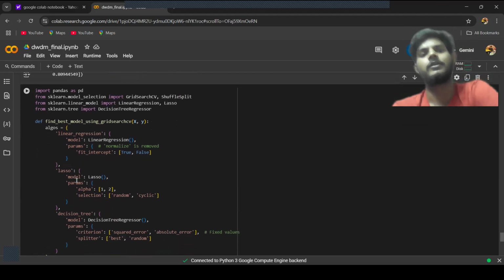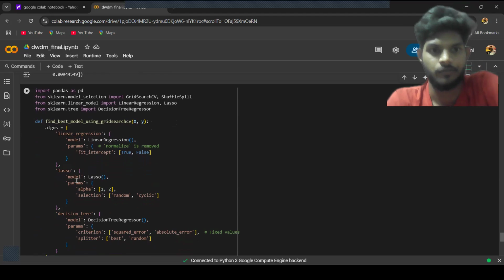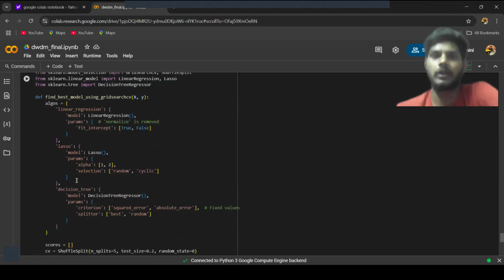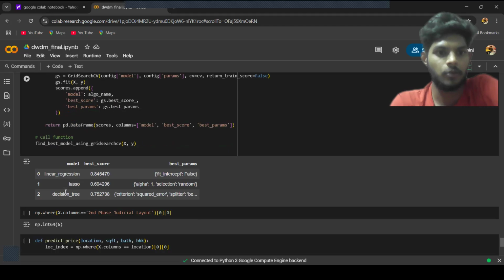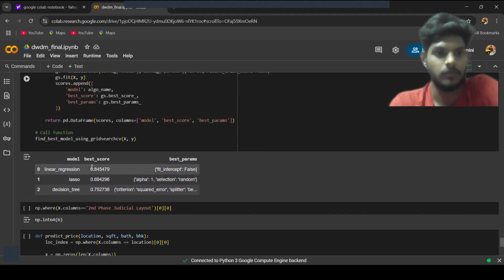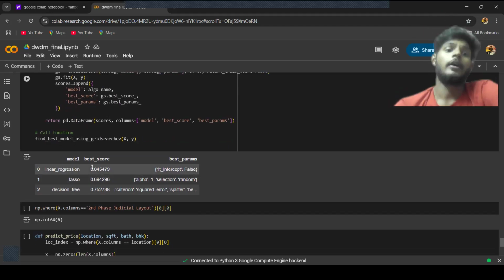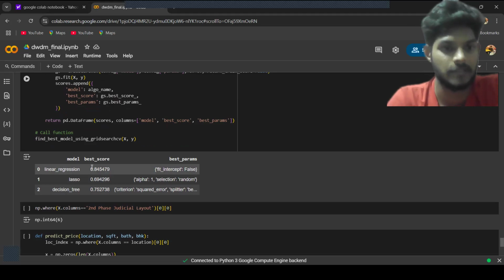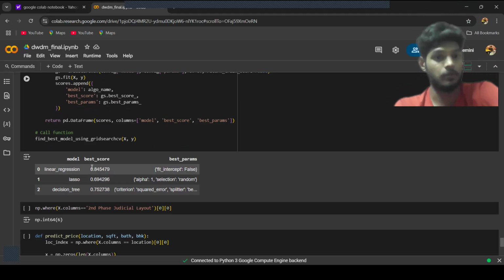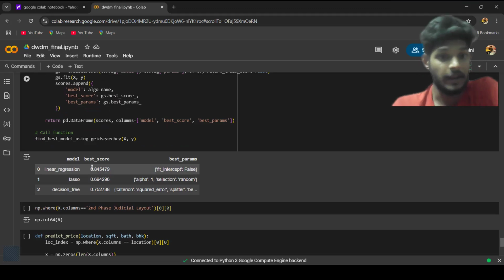Now we will be using the lasso method and also the decision tree, since we should compare regression models. The output for linear regression is 84%, for lasso we are getting 69%, and for the decision tree we are getting 75%. That means linear regression is giving more accuracy, that is 84%.